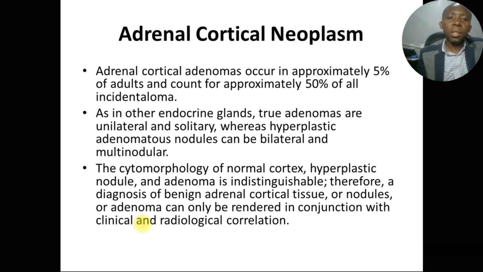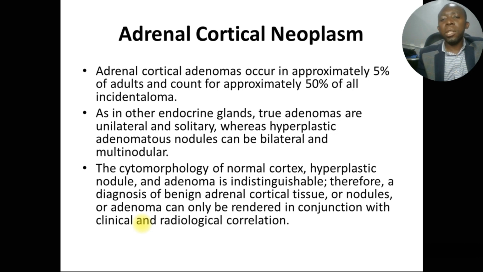We don't intend in the initial plan to look for incidentalomas during imaging, but incidentally we come across them. As in other endocrine glands, the true adenomas are unilateral and solitary, whereas in hyperplasia, adenomatous nodules can be bilateral and multinodular.